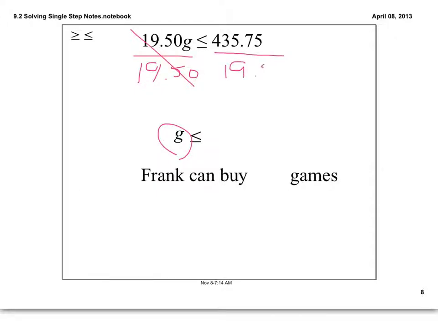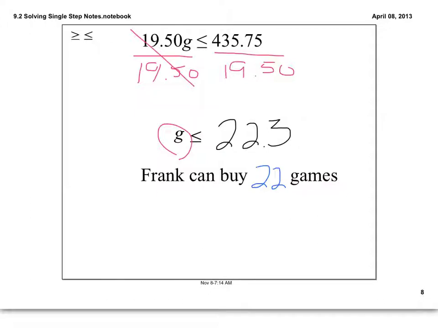Divide 435.75 by 19.50, and you end up with an answer of 22.3. So the total number of games he can buy is, in the end, 22. You can't buy 0.3 of a game, so you just round to the whole number that makes sense.